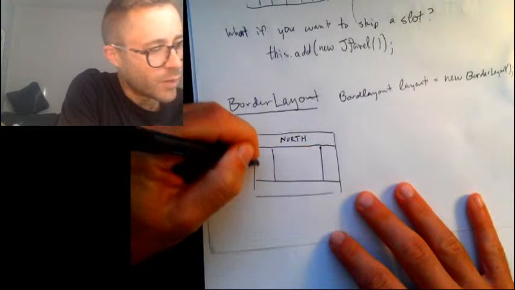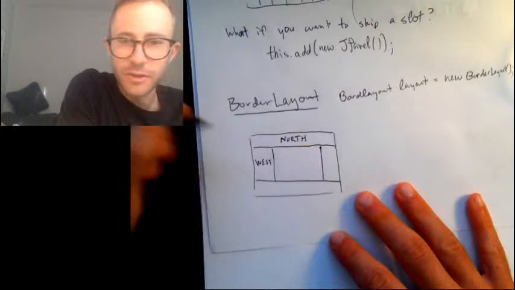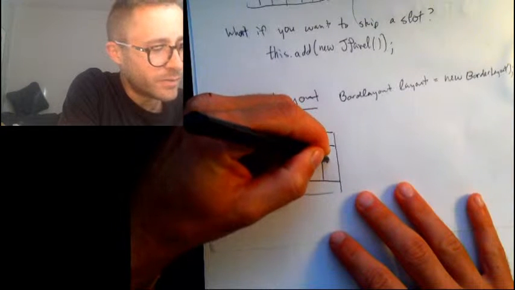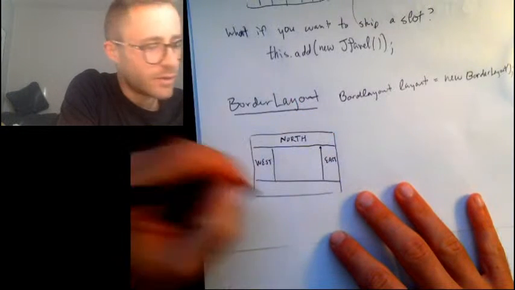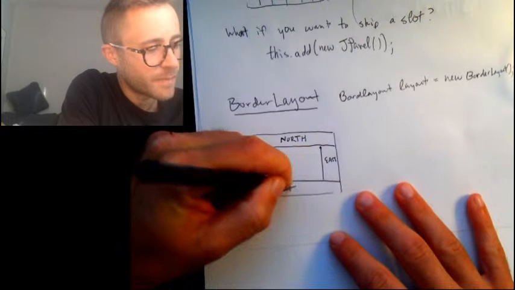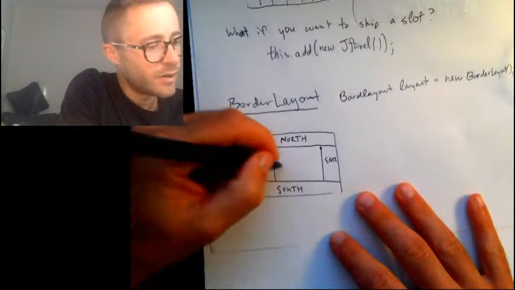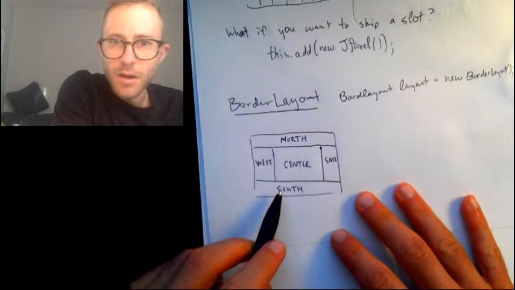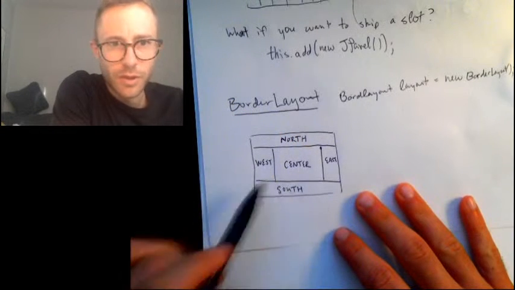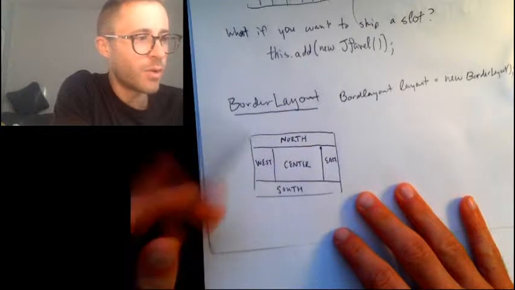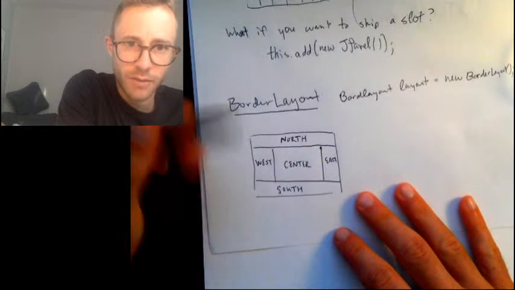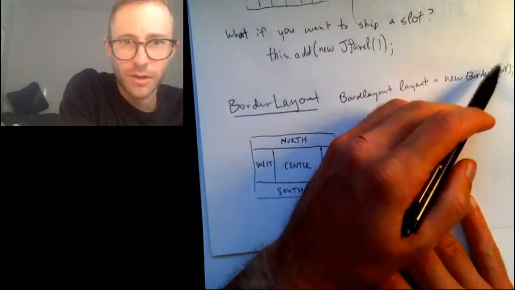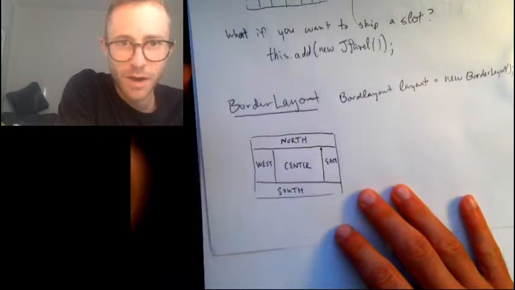This region is the west region. This region is the east region. This is the south region, and this is the center region. So you get 5 regions. No matter what, the border layout is always going to have 5 regions. That's why you don't need to specify any arguments in the constructor, because it's always 5.